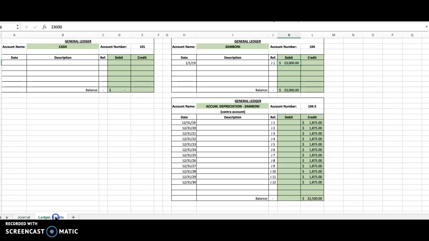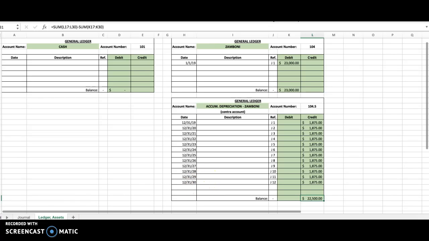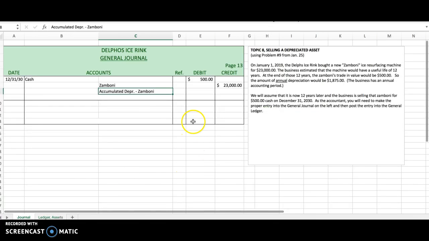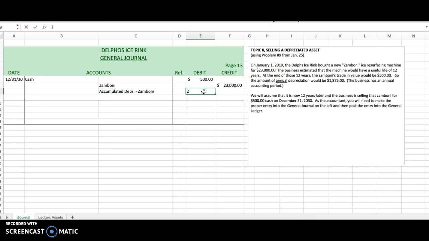Again, if we look over here in the ledger, this account, accumulated depreciation for the Zamboni, has a credit balance of $22,500. So we need to close that with a debit. That will make it balance zero. So over here, we put $22,500.